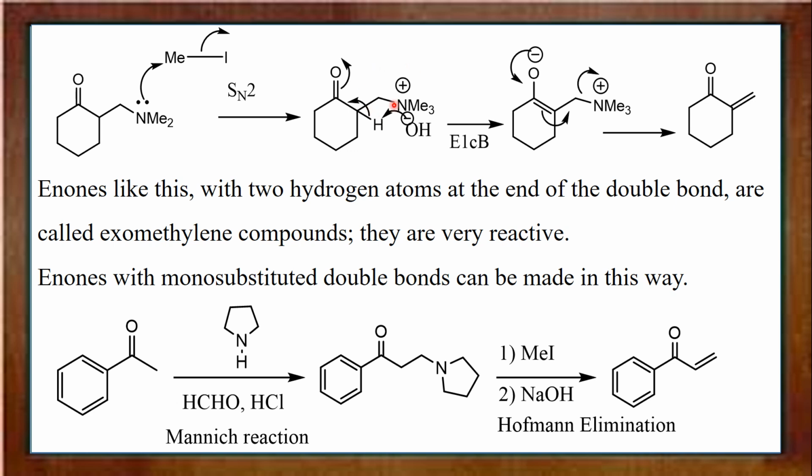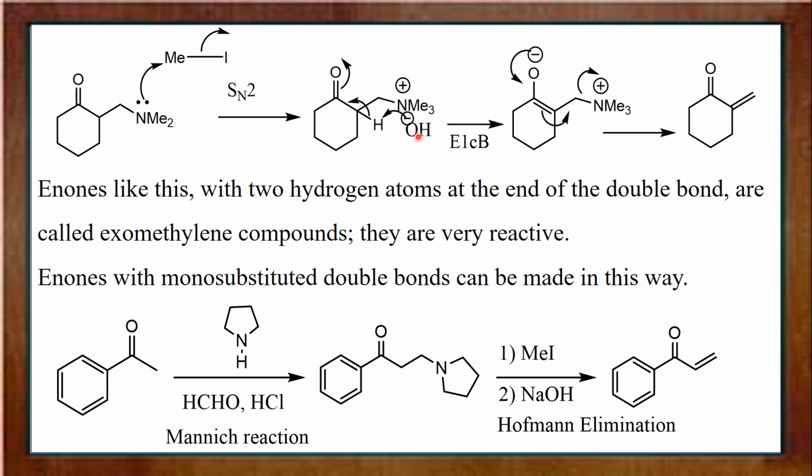And with this salt we add a hydroxide base, and this hydroxide base abstracts the alpha hydrogen, the most acidic hydrogen of the molecule, leaving a carbanion behind. It forms the conjugate base of this molecule.